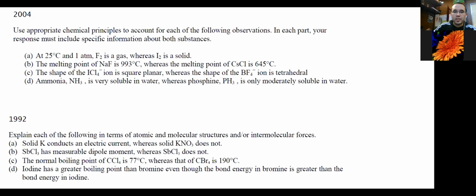All right, so let's just go ahead and jump into these. Let's look at this 2004 one, and we're going to look at these first 4 up here. And so we're trying to explain these observations that we see, right?